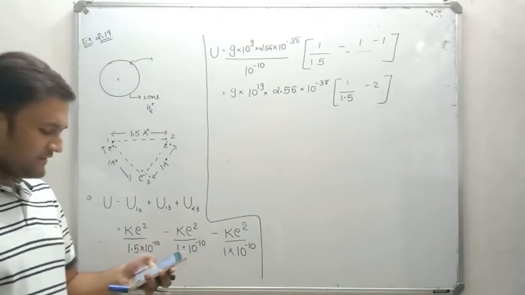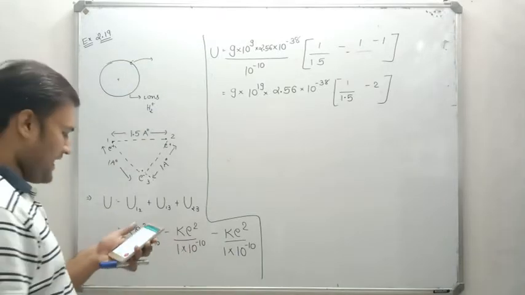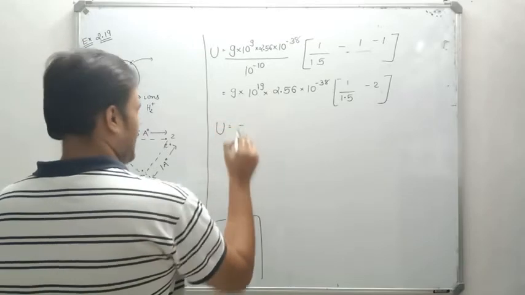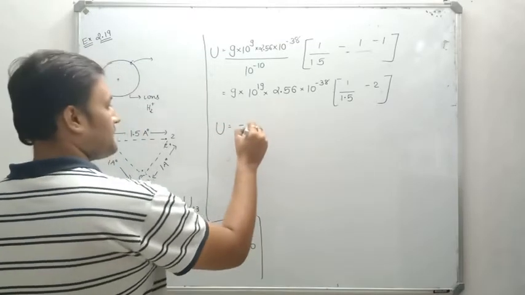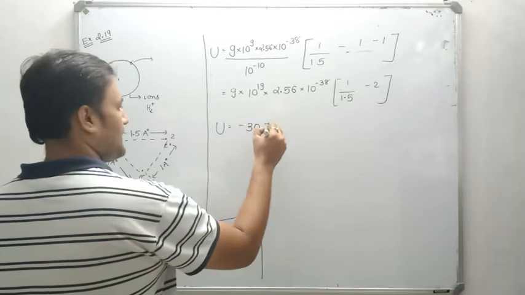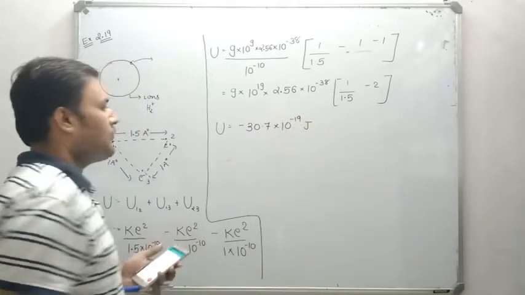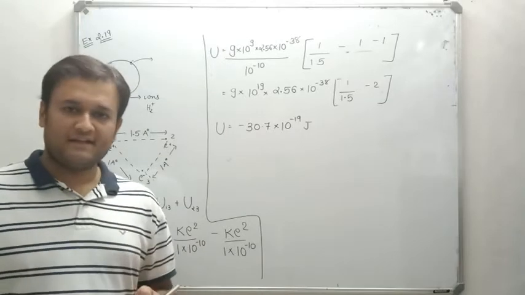These calculations give us the answer that U is equal to minus 30.7 into 10 raised to minus 19 joule.